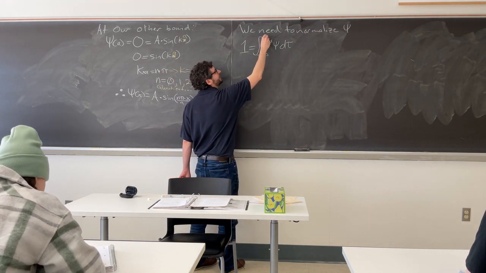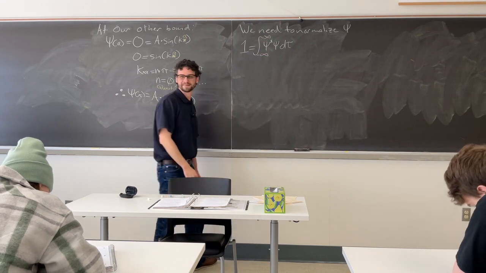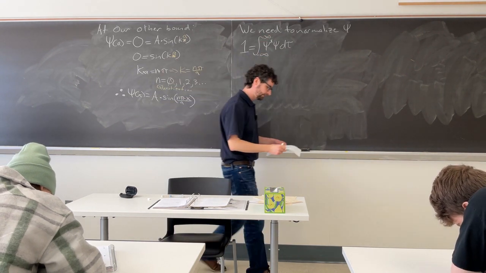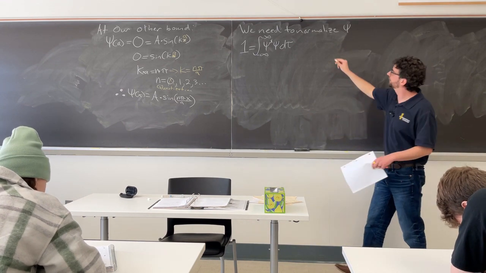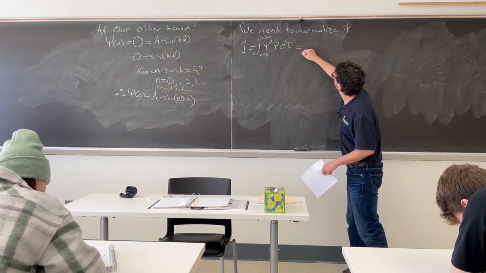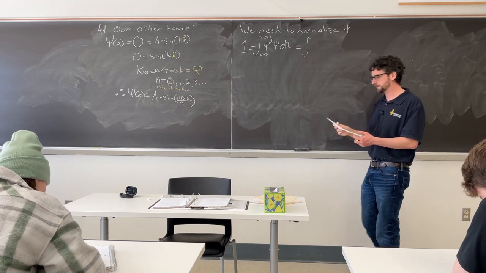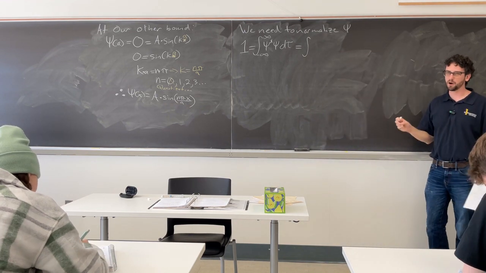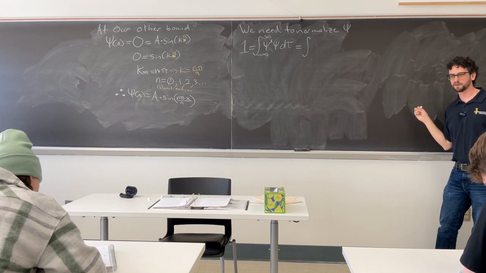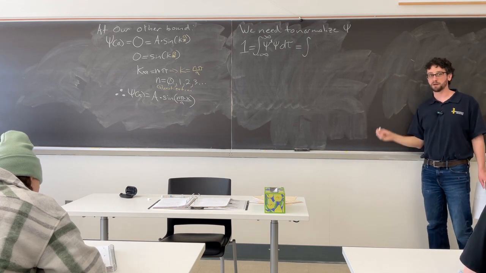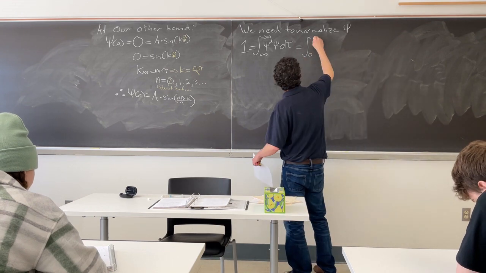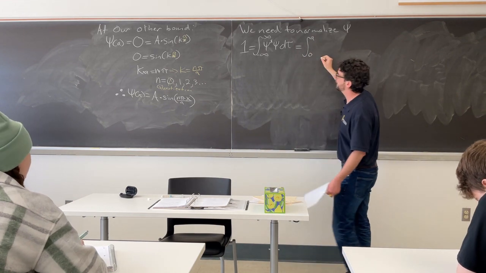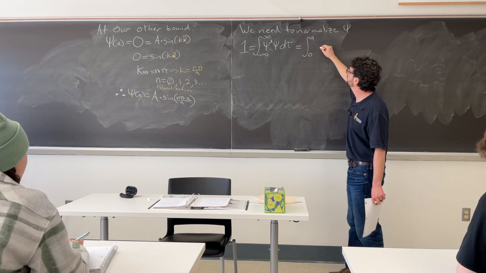Negative infinity, positive infinity. Okay. Because certain regions of the wave function will be 0 over. Okay, well, let's get specific now. For our system, what's the lower limit? What's the upper limit? 0 to A. Okay, and then we just got to plug in these things.